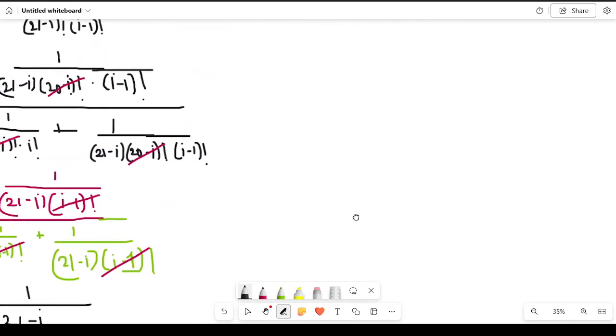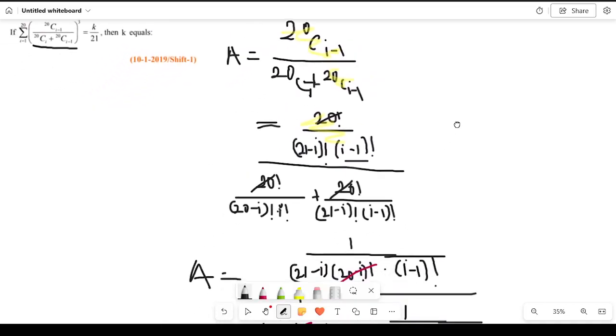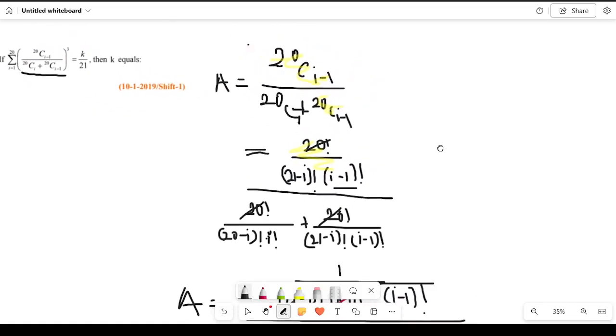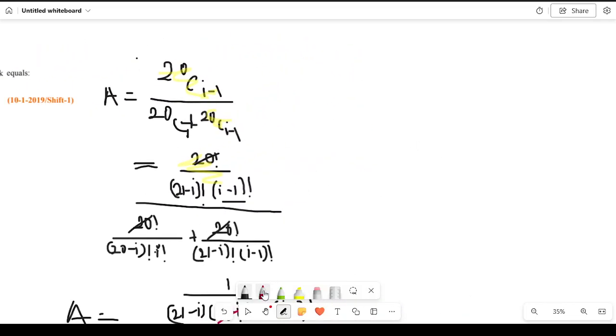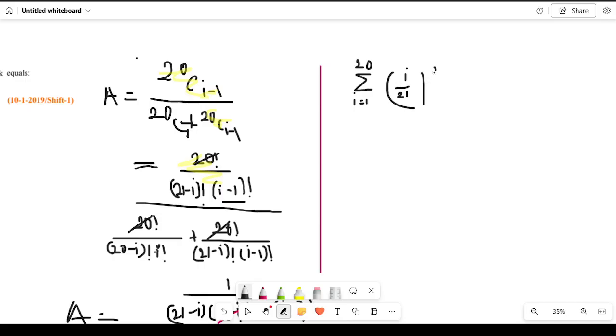So now I am going to substitute this in the original expression. It becomes the summation of i equals 1 to 20 of (i upon 21) whole cube. This is i cube upon 21 cube. Since 21 cube is a constant, I take it outside.